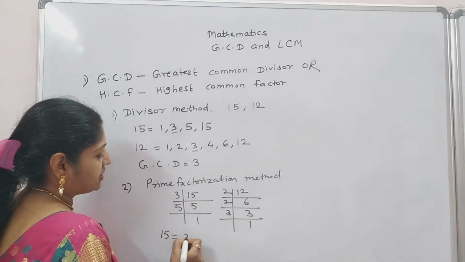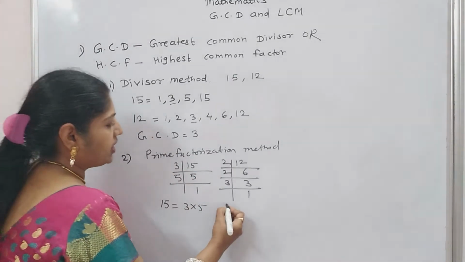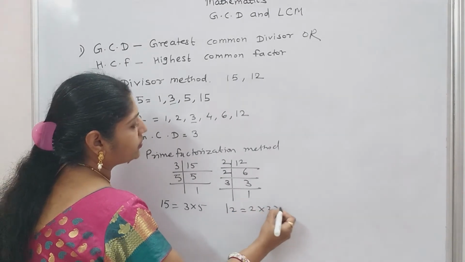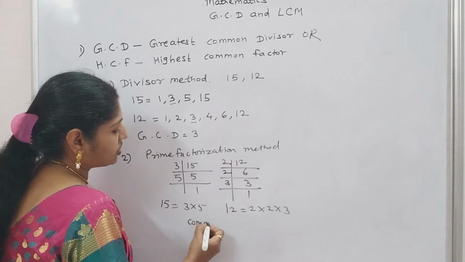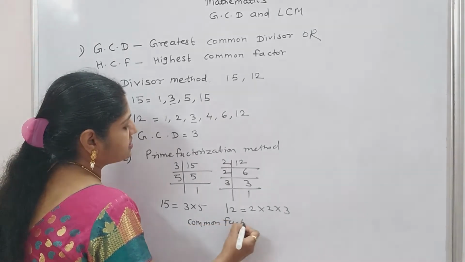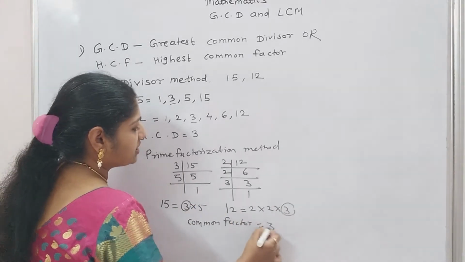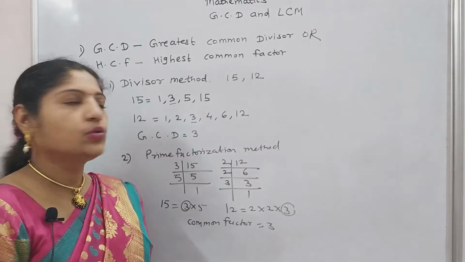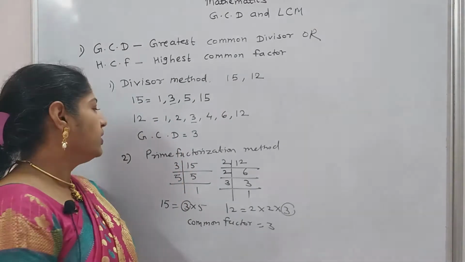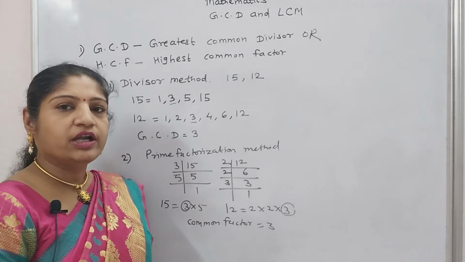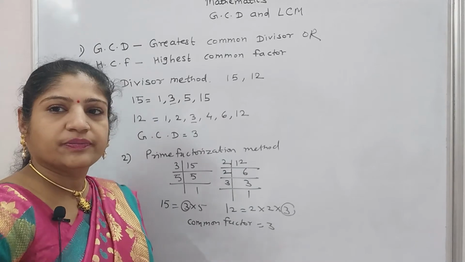So 15's factors are 3 into 5, and 12 is 2 into 2 into 3. Now find the common factor. The multiplication of all common factors is the GCD. Here it is 3 only, so the answer is 3. These are two methods: first, find all the divisors of the numbers, and second, find the prime factors and the common factors, that is the GCD.